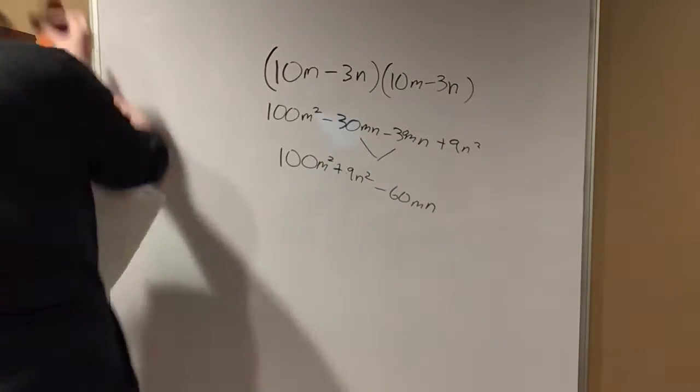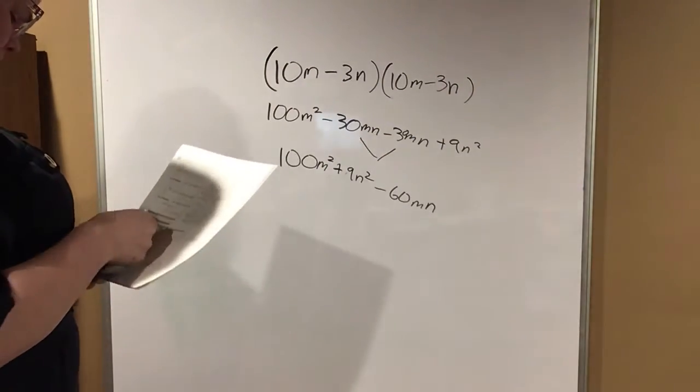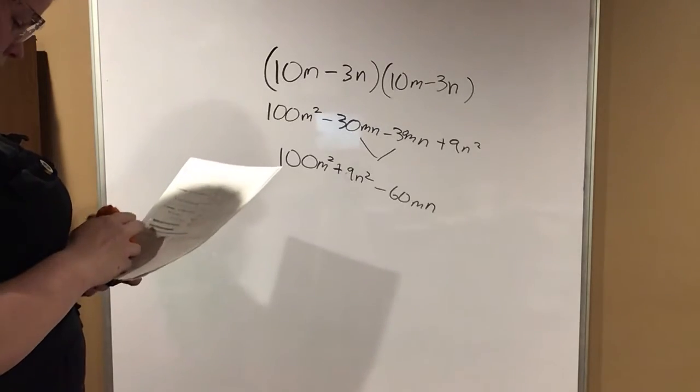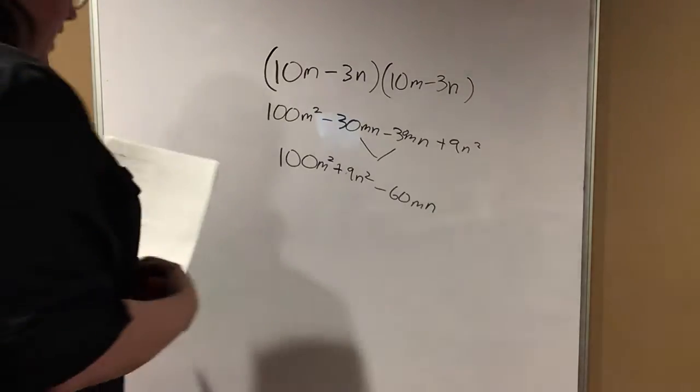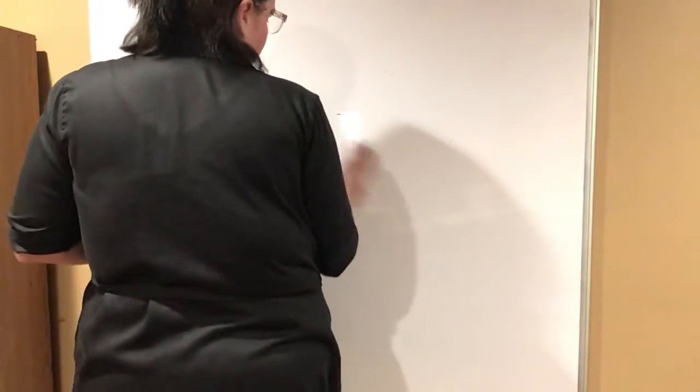Okay, so now that we know binomials, I said we were going to be doing polynomials. Polynomials means many, and it does. So here's another way that I like to do polynomials.